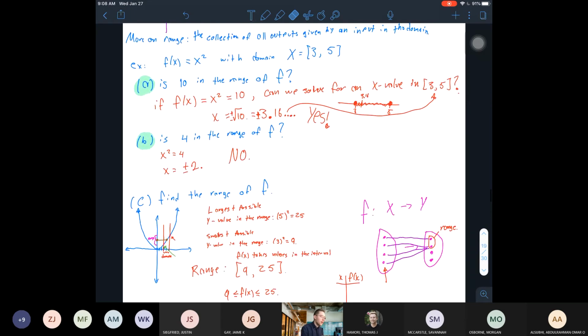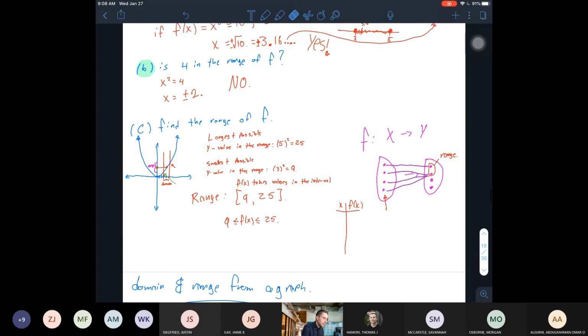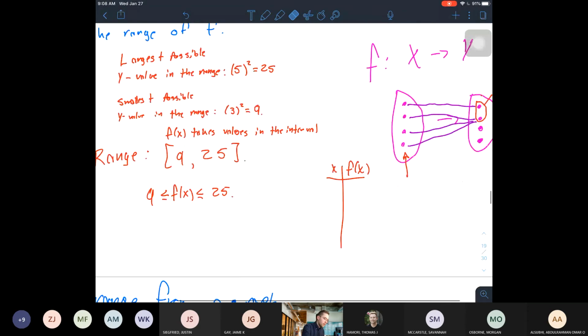You could just use a table and try some points like 3, 3.5, 4, 4.5, and 5, plug these in, and recognize that the values are increasing from left to right.